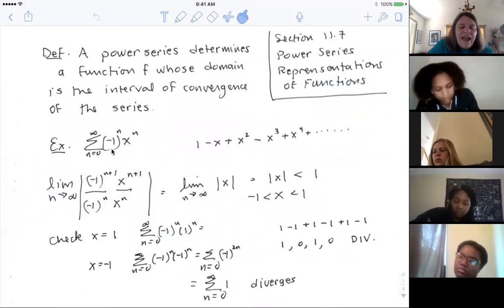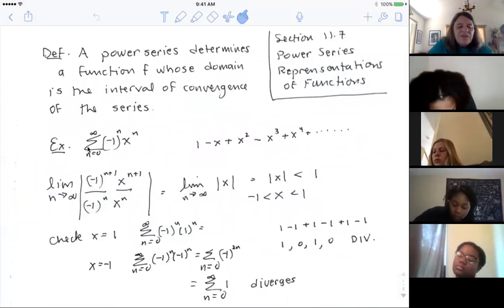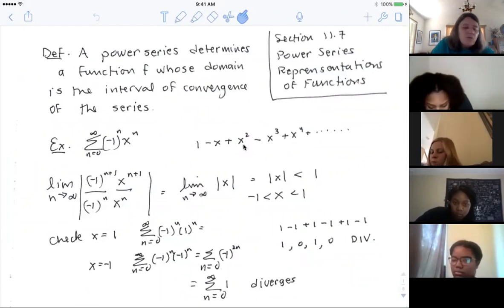If you look at this thing right here, if you write out the terms, it will look like 1 minus x plus x squared minus x cubed plus x to the 4th. It's pretty clear here that what you've got is a geometric series where R is minus x. You see, you can go from one to the next with minus x.